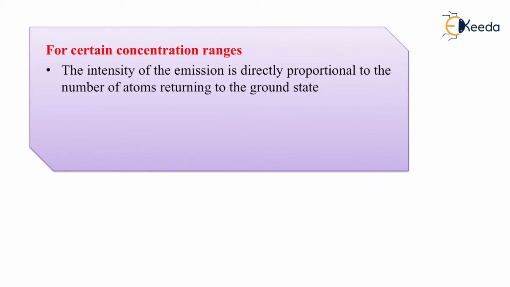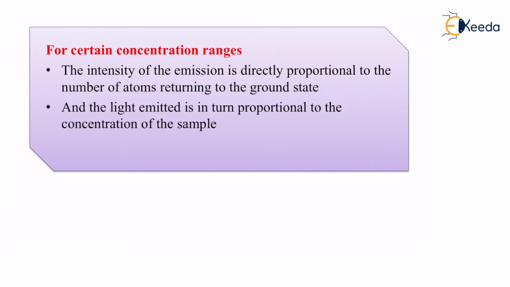If I have few atoms returning to the ground state, the intensity will be comparatively low. So that is the reason it depends on the number of atoms returning to the ground state. And the light emitted is in turn proportional to the concentration of the sample.